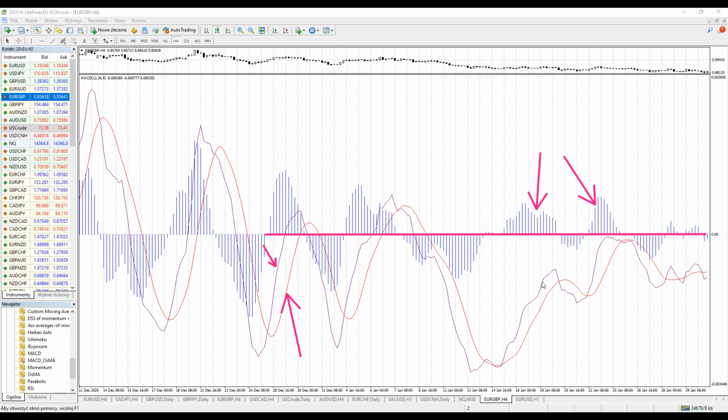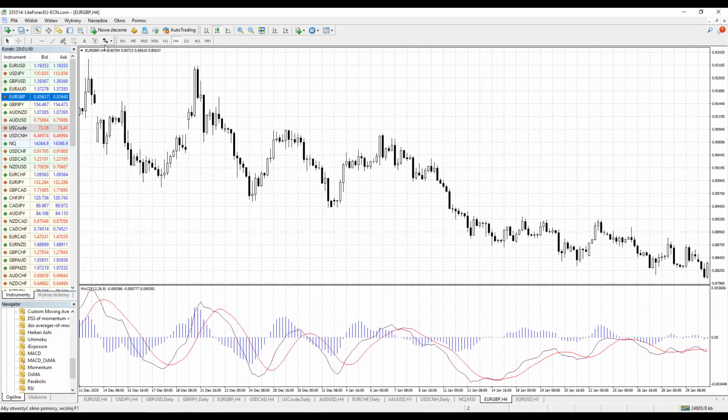So basically, the zero cross signal is what we are going to check right now. First things first, let's talk about the zero cross when it comes to the histogram. We have a cross here, so let's place the line, and as you can see, there were only a few pips to make.